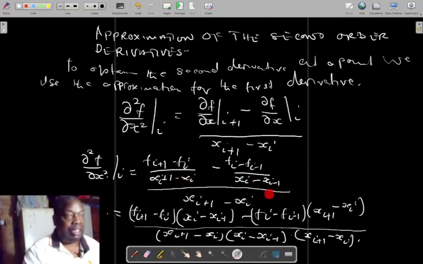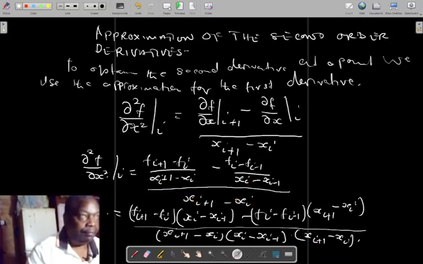Then the numerator is that times that, minus that times that, and at the bottom here we have that multiplied by that multiplied by that. That is what we have there.